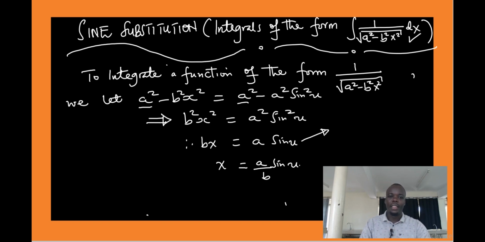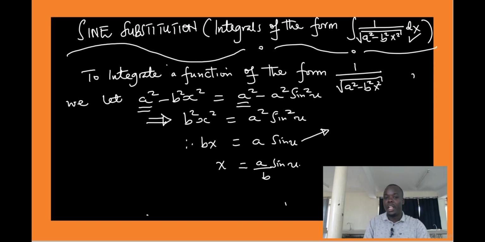To integrate a function of this form, we shall do some special substitution. And what is that special substitution? Let the whole of a squared minus b squared x squared equal a squared minus a squared sine squared u. Something unique is that the a squared we have here is the a squared we have maintained here.